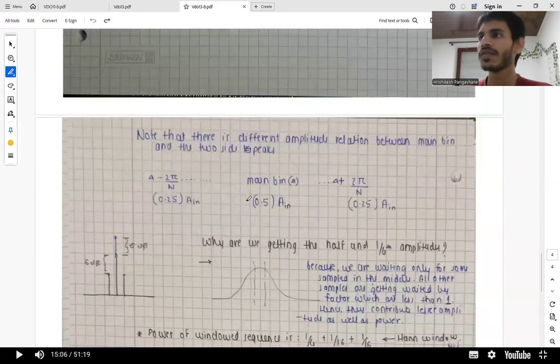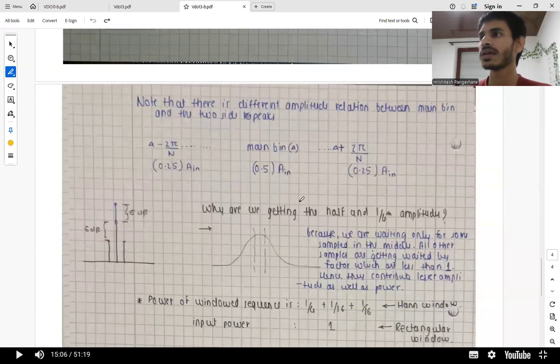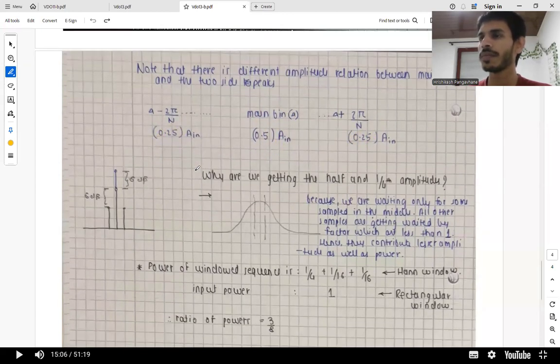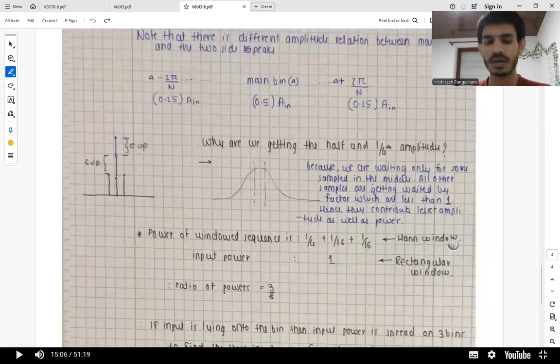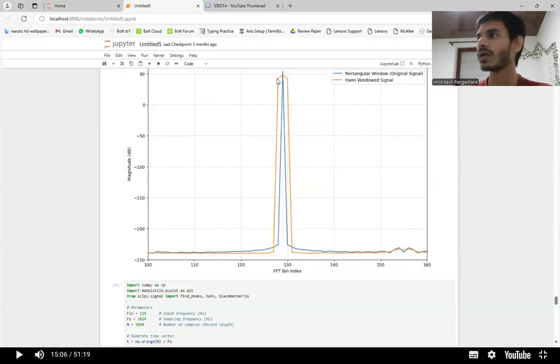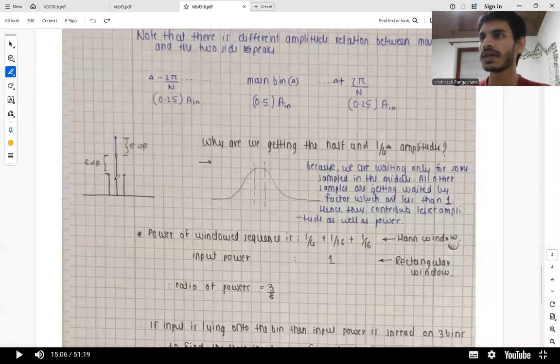So basically we have to note that there is a different amplitude relation between the main bin and the two side peaks or the two side bins. The main bin corresponding to A has half of the input amplitude, and the other ones have 1/4 of the input amplitude. So when we see the plot, this bin and this bin are represented like this.